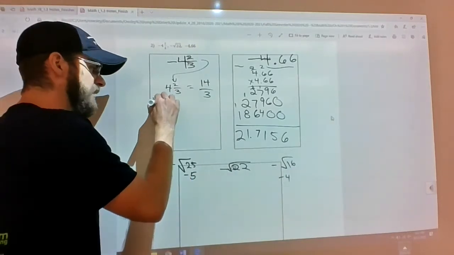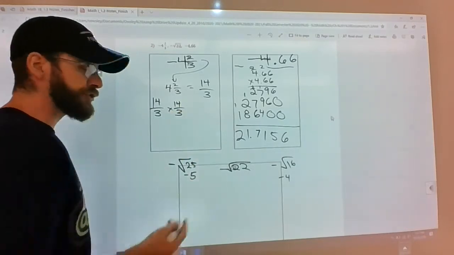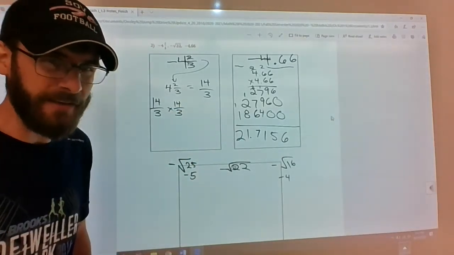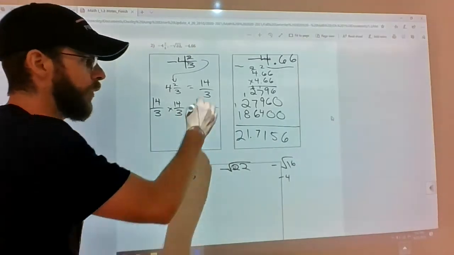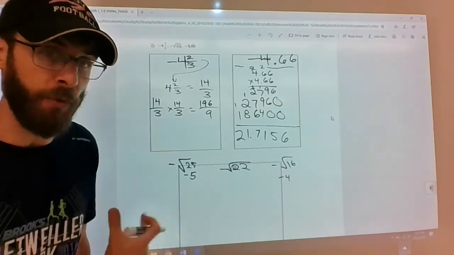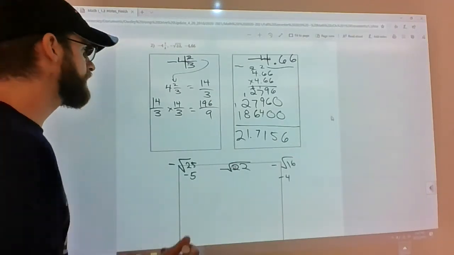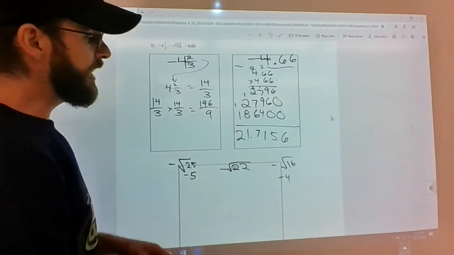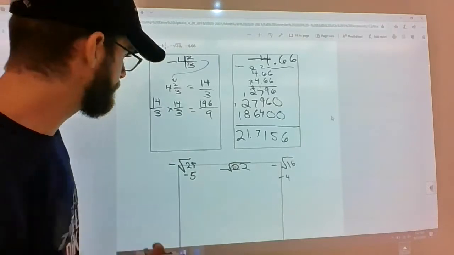Because 14 over 3 times 14 over 3, these are two perfect squares that are commonly memorized by math students. 9 on the bottom, 196 on the top. I'm not saying you have to have 196 from 14 squared memorized, but it's a nice thing to have in your back pocket. So it's 196 over 9. The question is, is it bigger than 22 or is it less than 22?